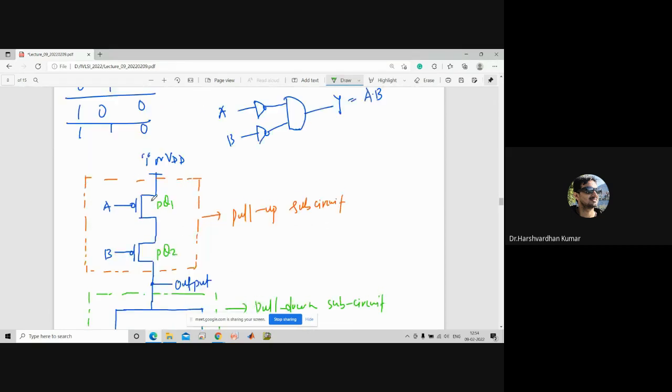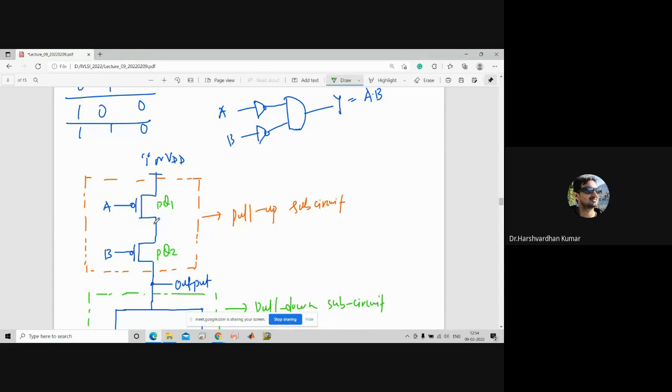So what will happen if both the input terminals, that is the gates A and B, are at logic 0? What will happen to the P transistors, the PMOS transistors? They will be on, right? For 0, 0, the PMOS transistors will be on. So you will get the output.